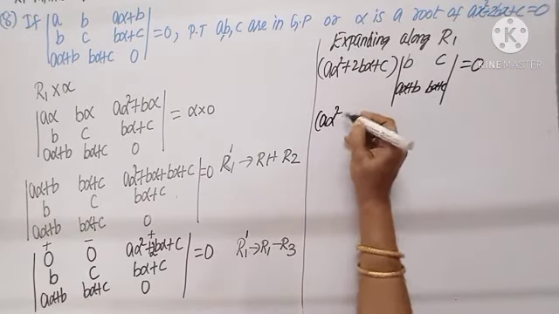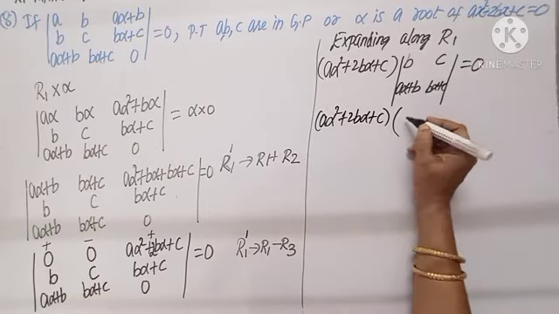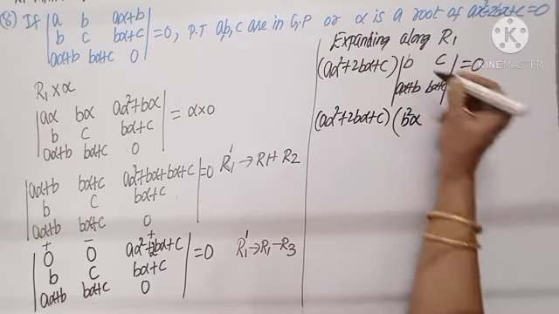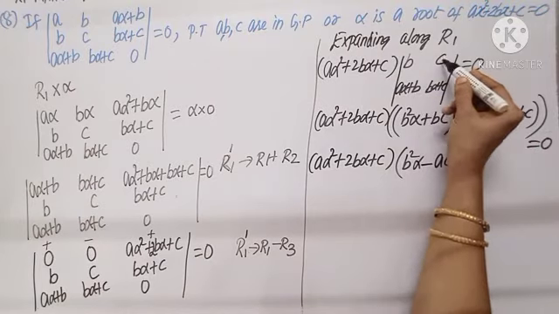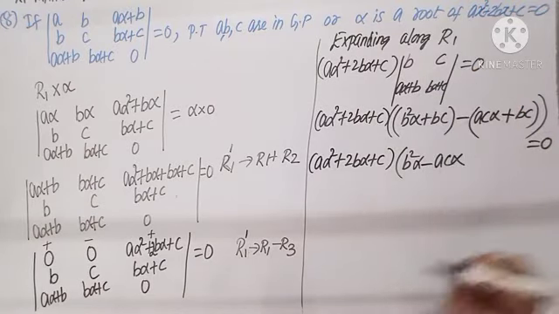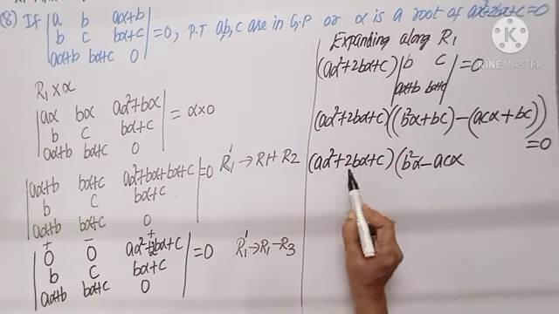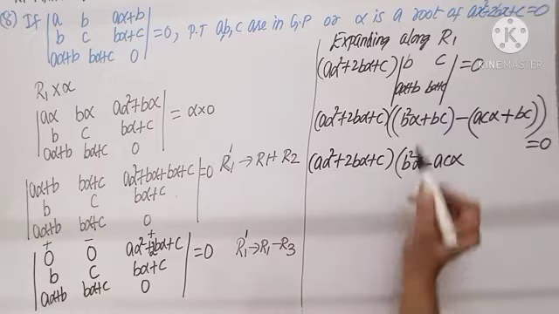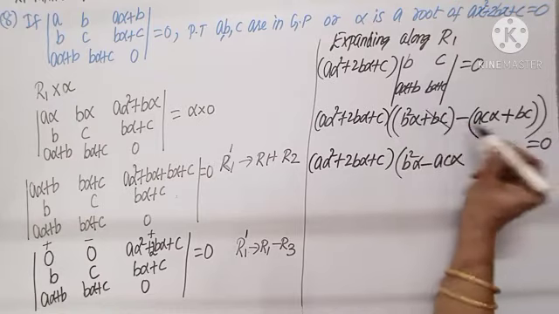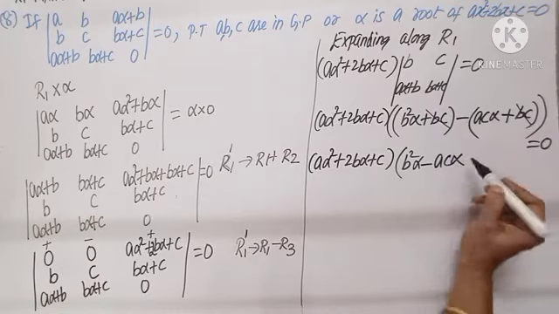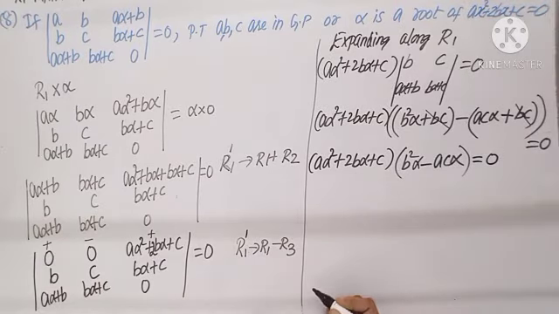As I expand, aα² + 2bα + c into b into bα, b²α, b into c, bc, minus aα into c plus bc. As I expand, aα² + 2bα + c into b²α plus bc, I can cancel because there is minus symbol, minus acα. This is equal to 0.